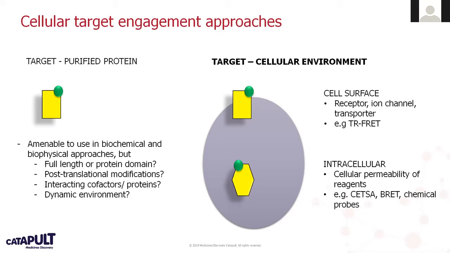But if your target is intracellular, there's actually quite a limited number of approaches that you can apply in that situation. And they vary quite a bit in the types of data and the complexity to set them up. So the next couple of slides will focus on these intracellular target engagement approaches.